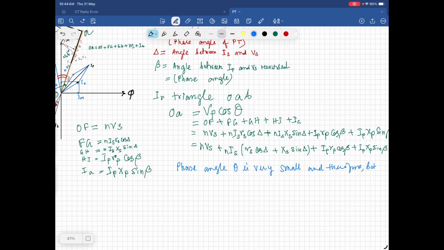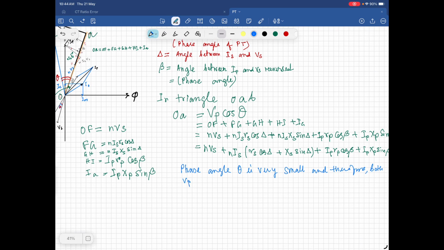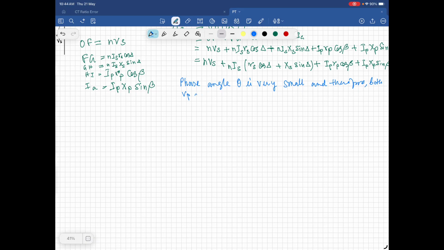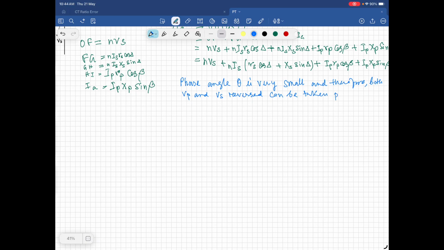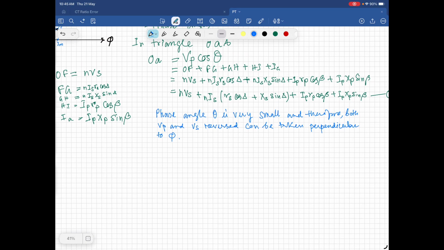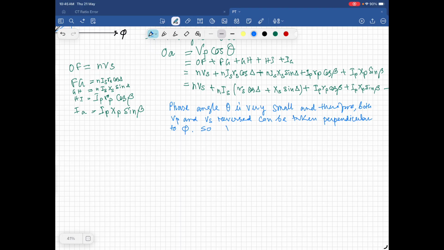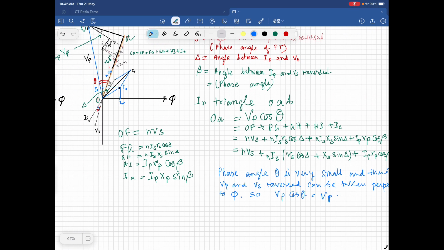This is C. The phase angle theta is very small, and therefore both Vp and Vs reversed can be taken perpendicular to phi. So Vp cos theta, theta being very small, is Vp. So OA is equal to Vp.